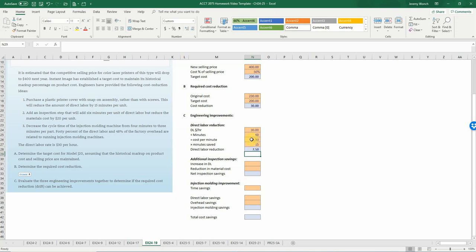Then in number 2, they're going to add an inspection step that's going to add 6 minutes to the process, but it's going to decrease our materials by $20 per unit.